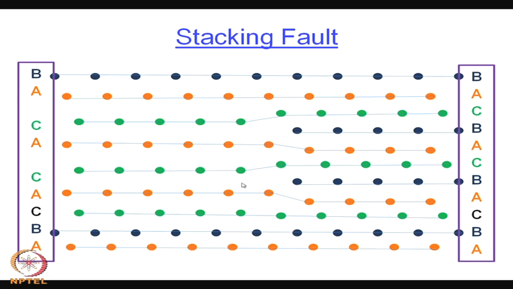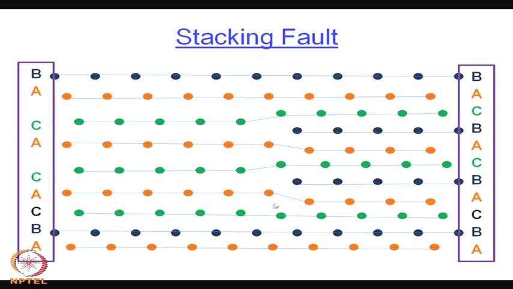Okay. As a result, you will see the stacking has changed in this part of the crystal. Instead of ABC, ABC, which you can notice on this side, you have ABC, then AC, AC, and then again ABC. So, in this part of the crystal, we say there is a stacking fault.